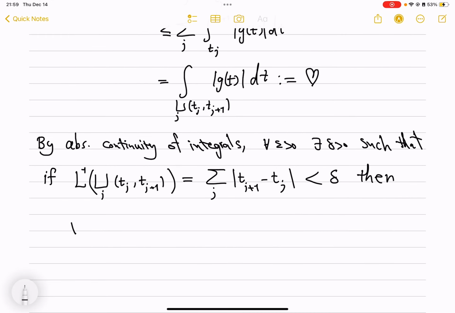So then this heart is less than epsilon.